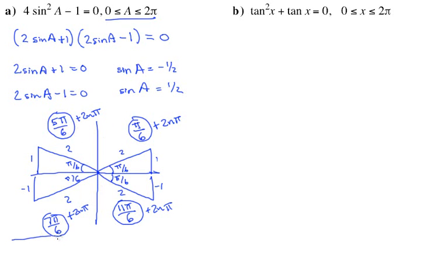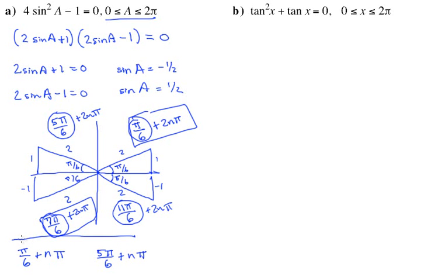The fact that these go 1 and 7 and 13 and 19, always differing by 180 degrees or by pi, means you can write pi by 6 plus n pi, and that'll take care of the top right and bottom left solutions. The fact that the solutions in the top left and bottom right also differ by just pi means you can write 5 pi by 6 plus n pi if you want a very neat and finished solution. But generally, you'll get all the points even if you just get these 4 values and put plus 2n pi.